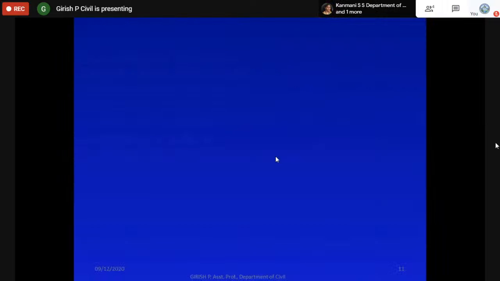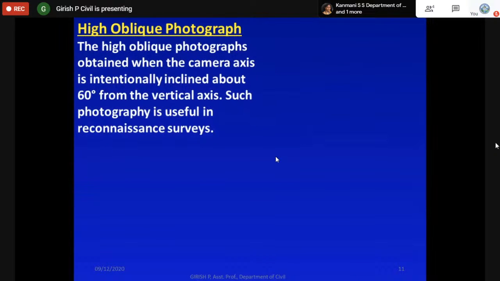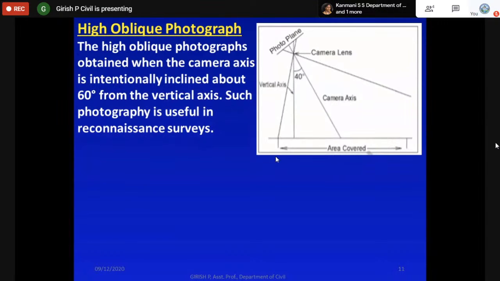Apart from that, most of the time we also cover photographs with high oblique photographs. In this type, photographs are obtained when the camera axis is intentionally inclined, with the inclination varying from 40 to 60 degrees from the vertical axis.